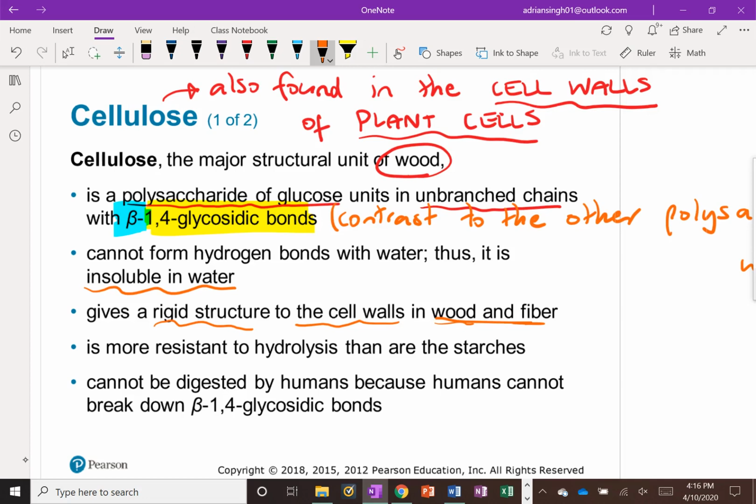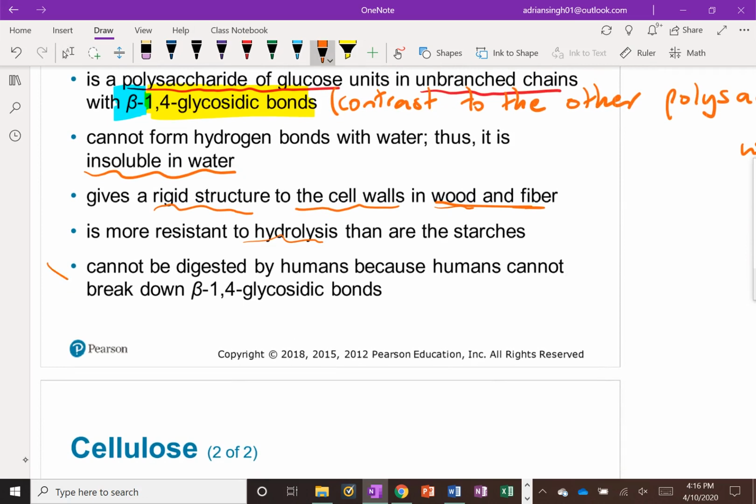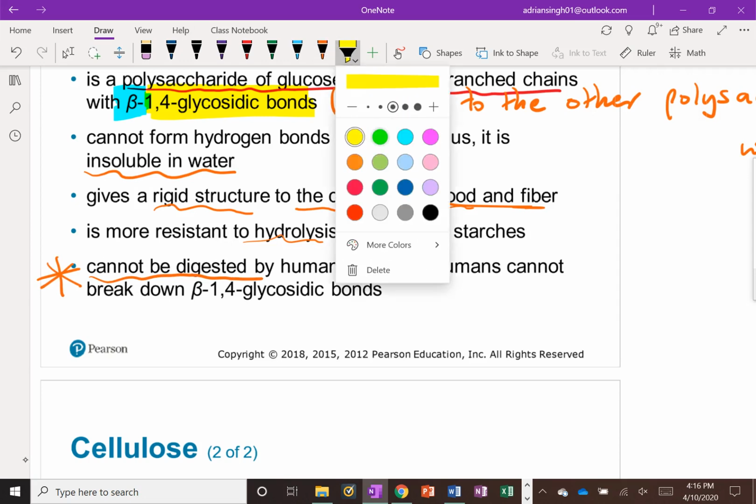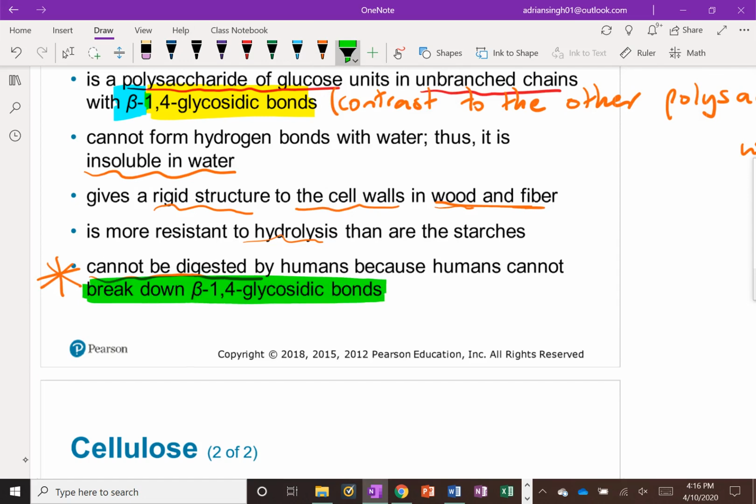It is more resistant to breakdown or hydrolysis than starches are. And the key thing here, the very last bullet point, is that it cannot be digested by humans because we don't have the machinery or the mechanism to break that beta 1,4-glycosidic bond, right?